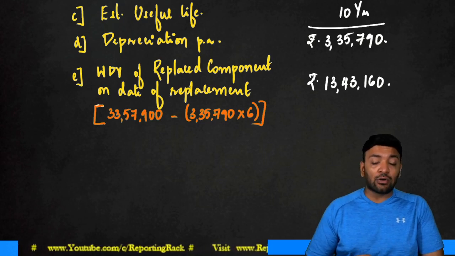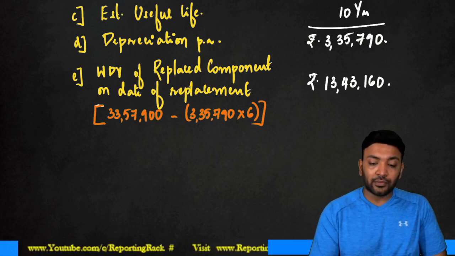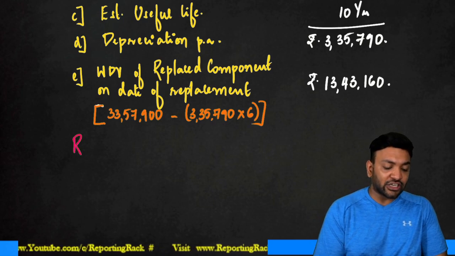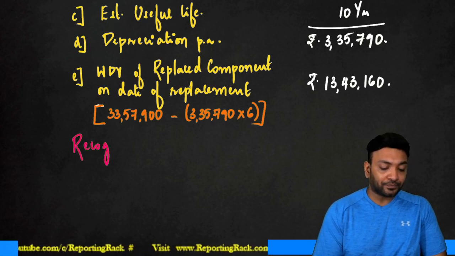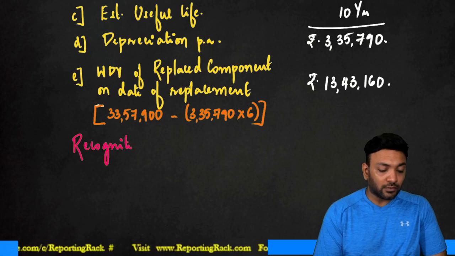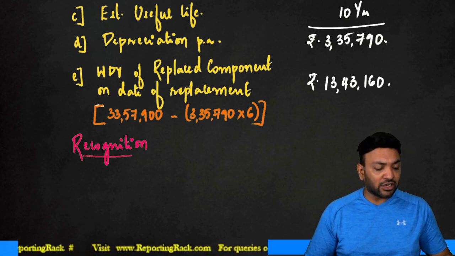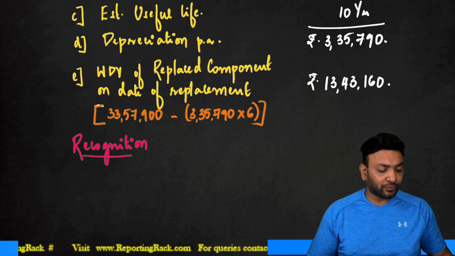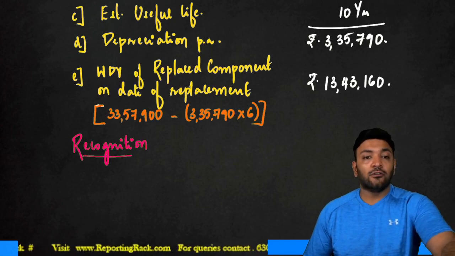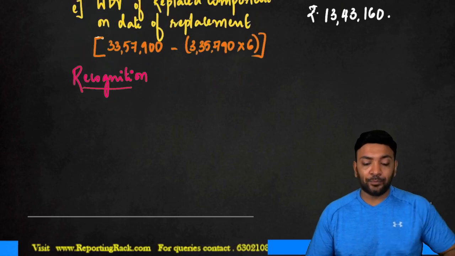Therefore, what is your accounting treatment? Recognition. My recognition should go like this. First, charge it off to P&L.